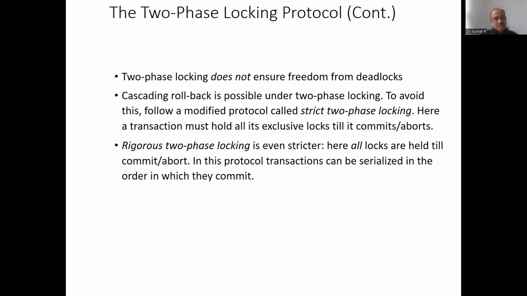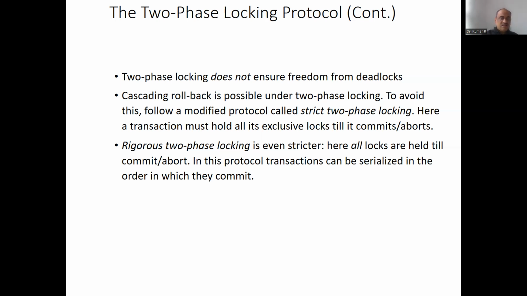Once again, to repeat, there are types of locking protocol. The first one is a simple one which does not have freedom from deadlocks; definitely there can be a deadlock. In order to avoid this, we have two improved versions of the two-phase locking protocol. One is strict, which avoids cascading rollback: in a simple manner, it will not release the exclusive lock until it commits or aborts.